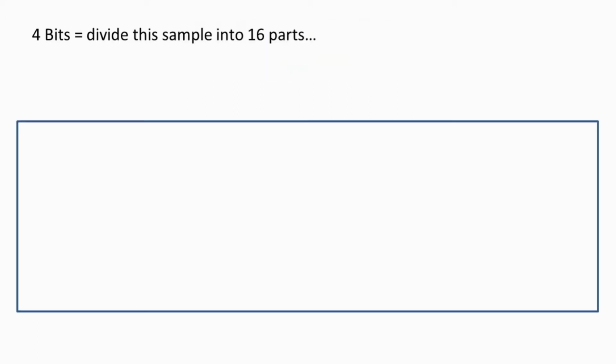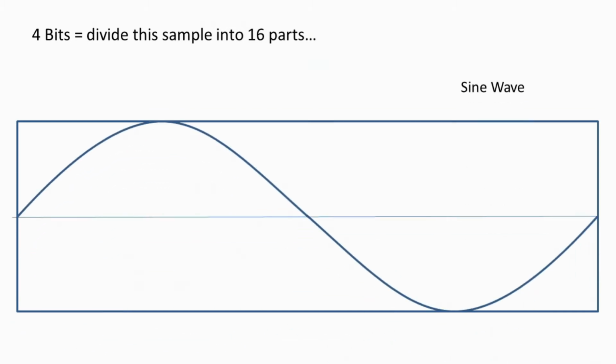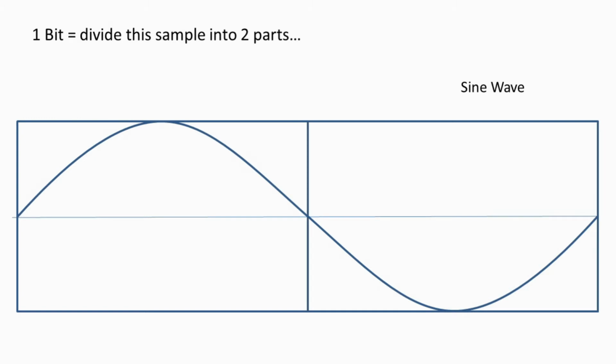So if I take 1 bit, for example, and divide this sample sine wave that I have on the screen into 2 different parts, it will look something like this. The first part is the positive part of the sine wave, and the second part is the negative part of the sine wave. Now, if I go to 2 bits, that means I will have to divide each one of these 2 halves into halves again.